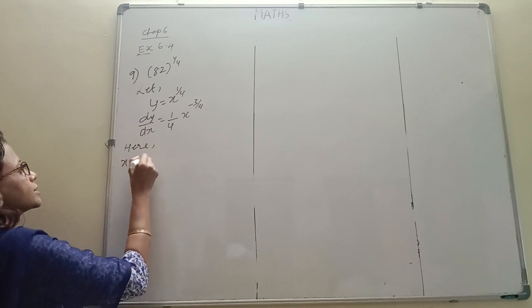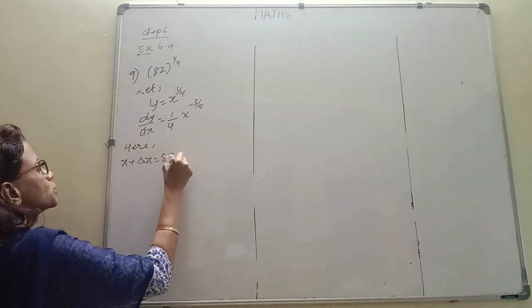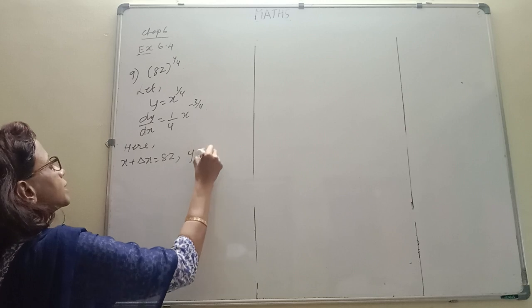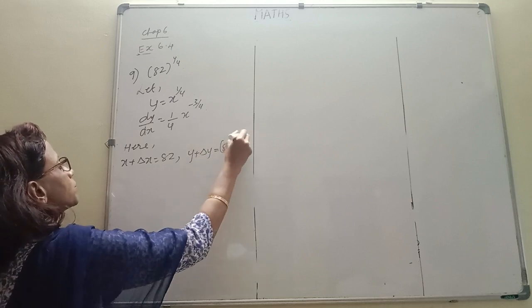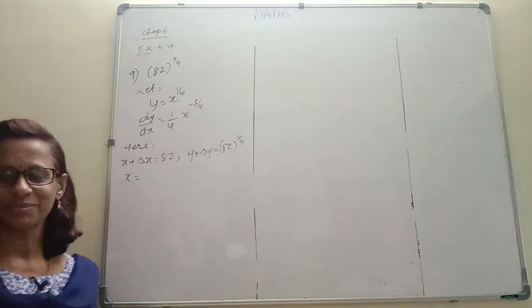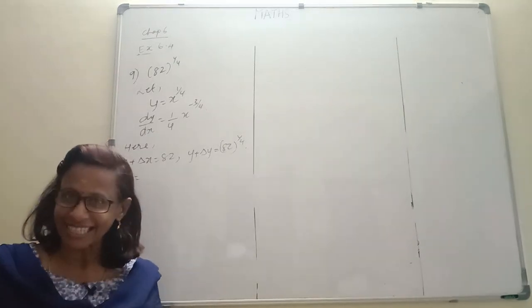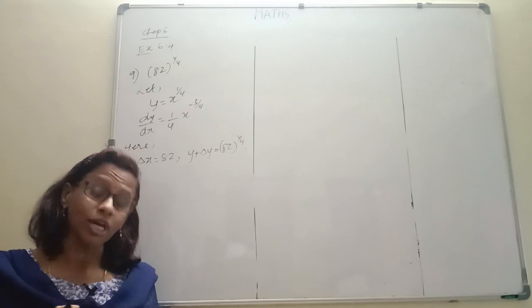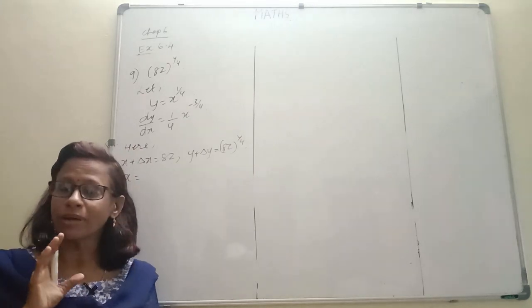Now, x plus delta x is 82, and y plus delta y is 82 raised to 1 by 4. This is a place where we stop and think about a value close to 82 whose 1 by 4 power we know.